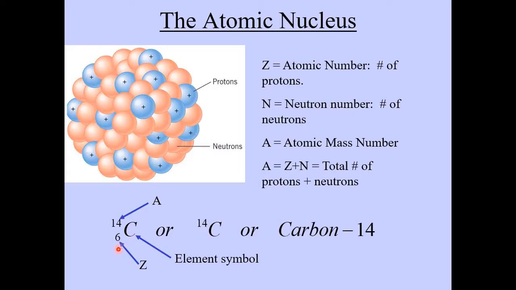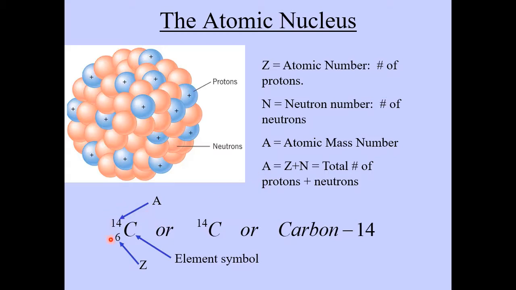So for carbon, carbon has 6 protons, so that 6 goes down here. This particular brand or isotope of carbon is called carbon-14, and this 14 up here is A. And remember, that is the atomic mass number, which tells us the total number of protons and neutrons.